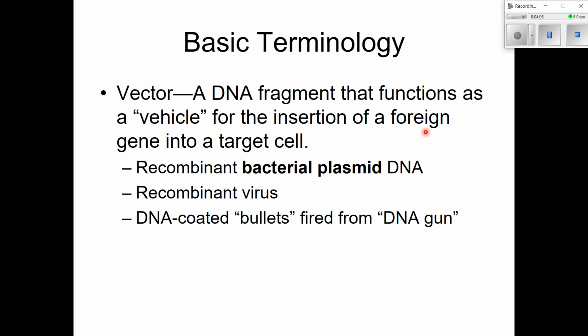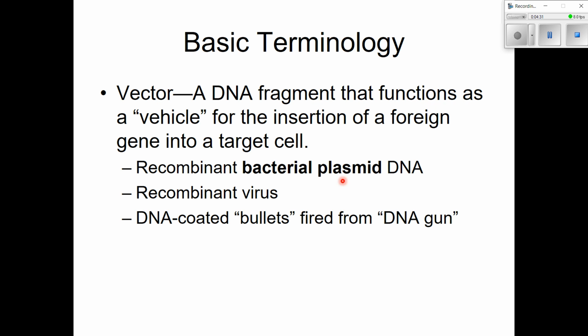Now, there are lots of different vectors that are used. I've listed 3 here. There certainly are others. We're going to focus on the first one the most in the examples that will follow. And it says recombinant bacterial plasmid DNA. So this is DNA, a small piece of DNA that's taken from a bacterial cell.